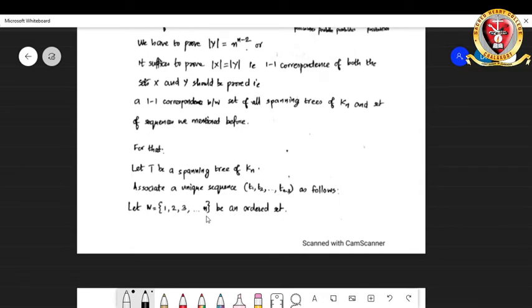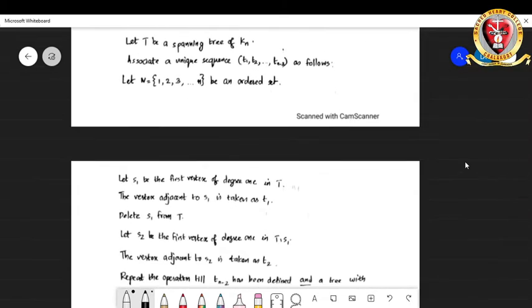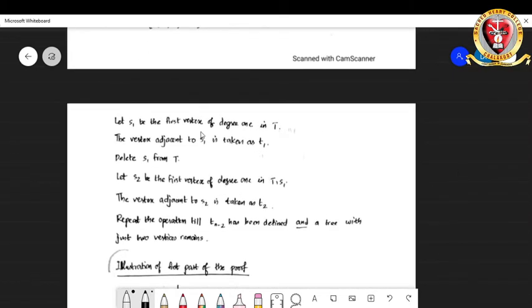Suppose N, the vertex set, is treated as an ordered set, where order is very important. Suppose S1 is the first vertex of degree 1 in T. Since T is a spanning tree, it's a tree, we know that every tree will have at least two vertices which have degree 1, so the existence is guaranteed.